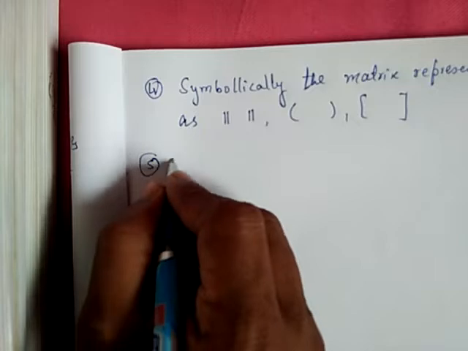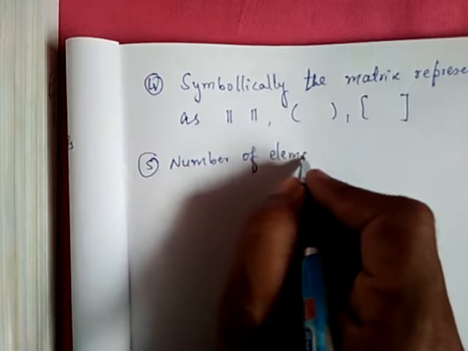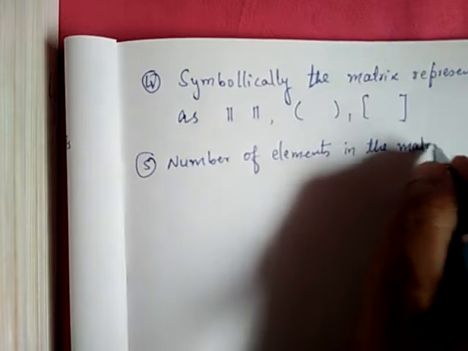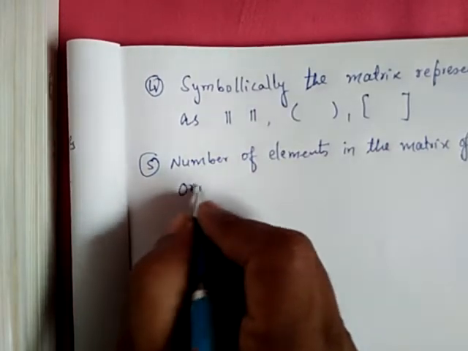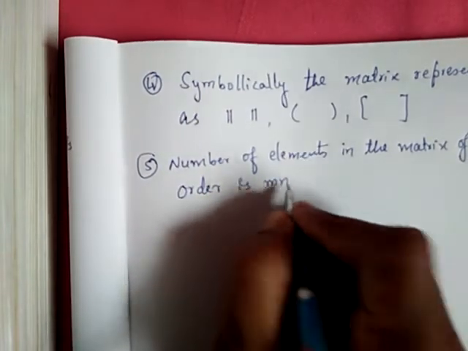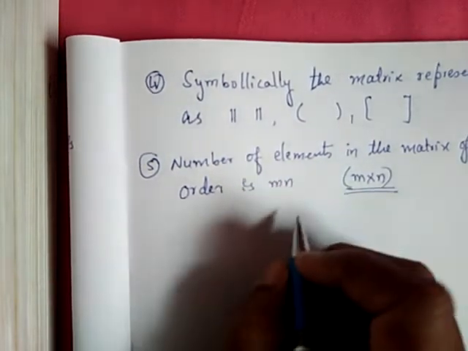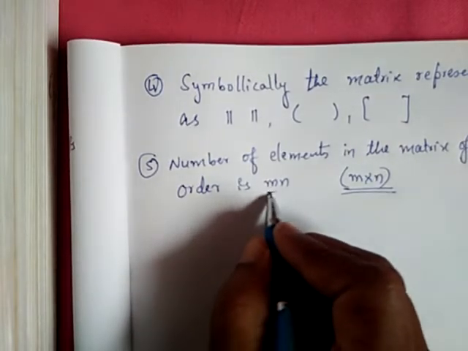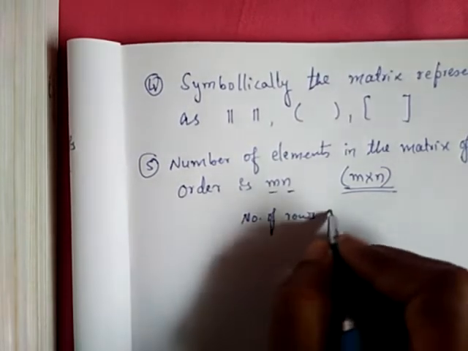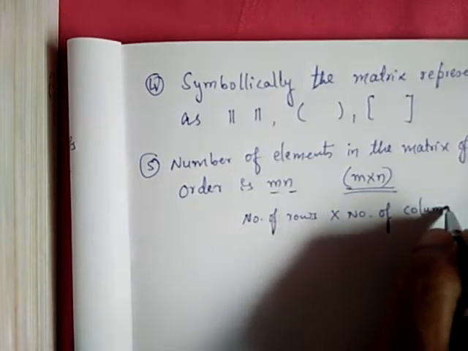Now the last point: the number of elements in a matrix of order m by n is mn. The order will be m into n, number of rows into number of columns.